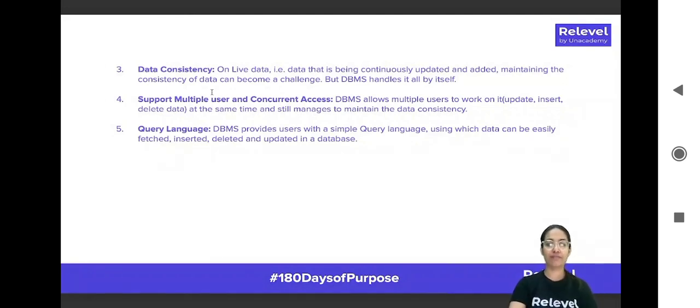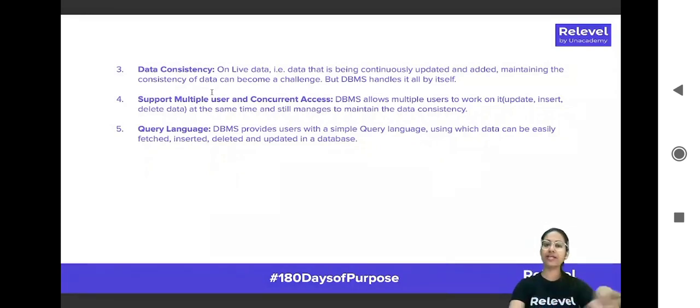The next point is support for multiple users and concurrent access. Database management systems allow multiple users to work on it at the same time. Let's say you are in a bank. There are many employees in the bank. You don't want just the manager of the bank to access the data, because otherwise it will become very difficult to perform all the tasks by a single person.